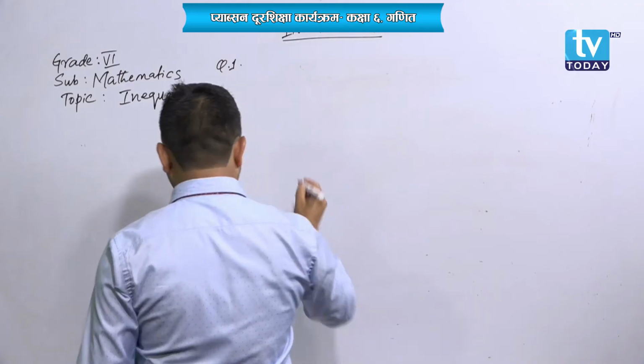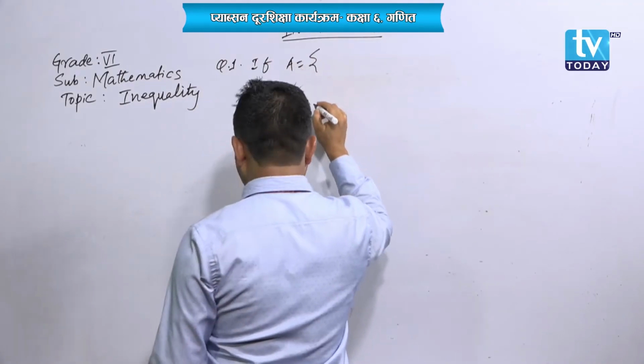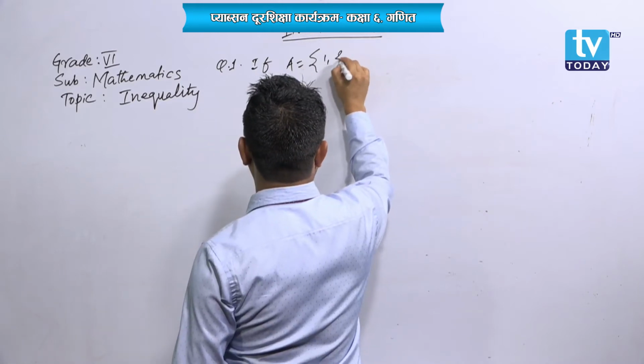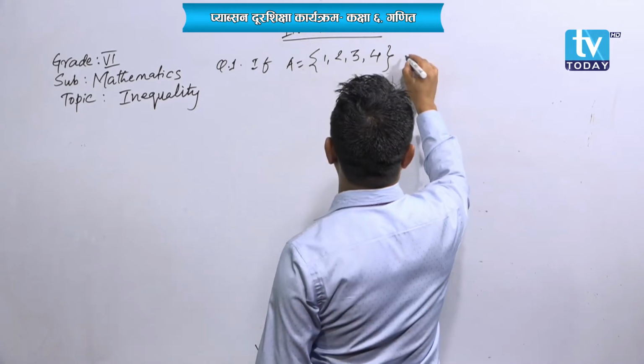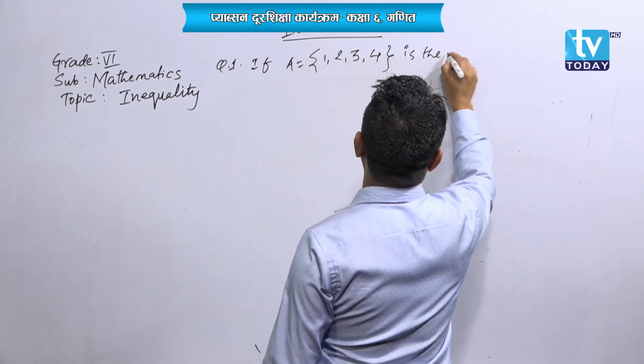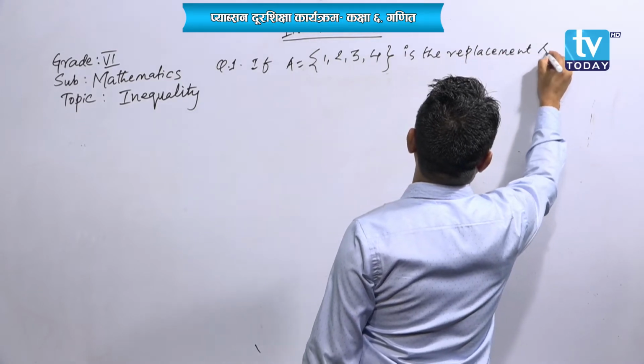Question number 1. If the set A equals to 1, 2, 3, 4, it is the replacement set.